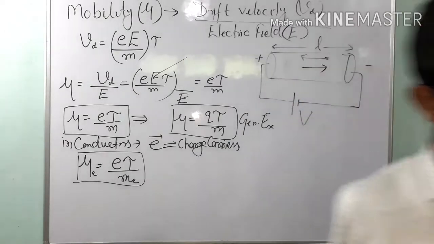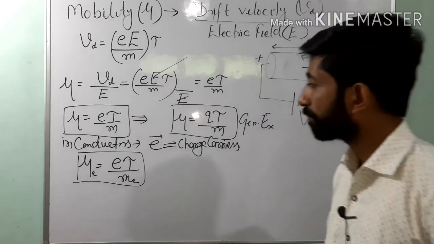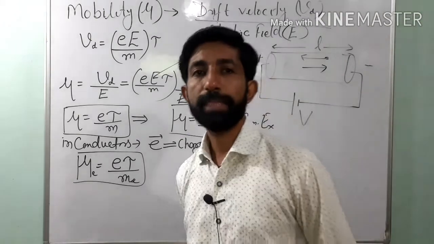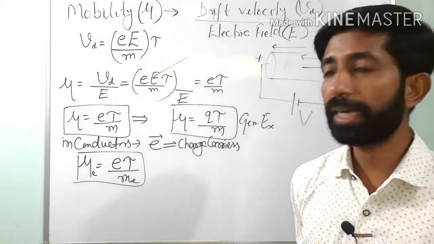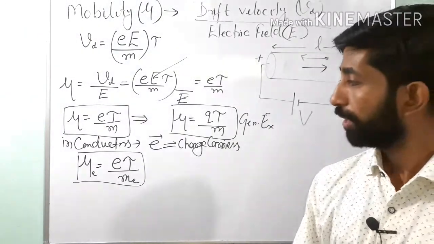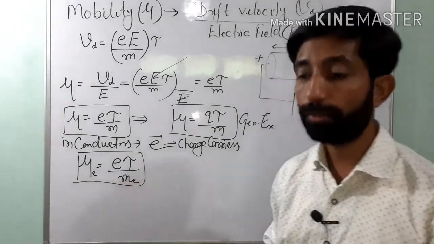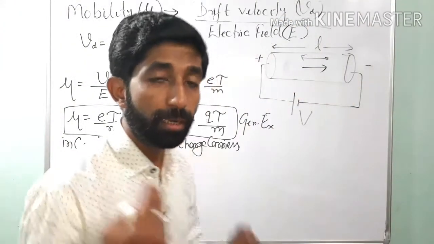Now, as I discussed earlier, the electric current is carried in semiconductors by electrons and holes as well. So we shall put an expression for the mobility of holes. What are holes? First, let's understand this.